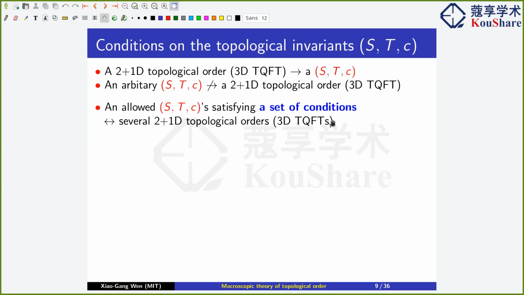So now we can turn the question around. Can we use SL2Z representations to classify topological order? It turns out not. Not every SL2Z representation corresponds to a topological order. Only some very special SL2Z representations correspond to topological order.